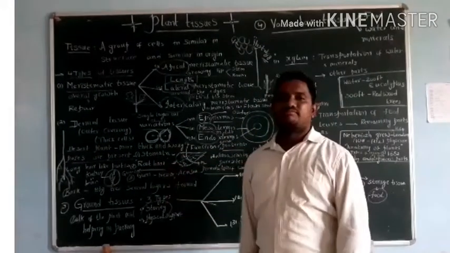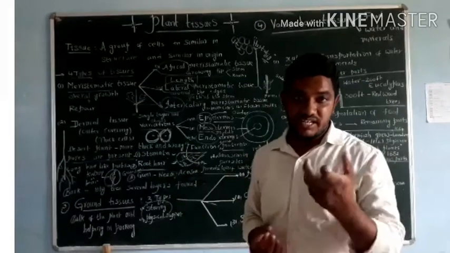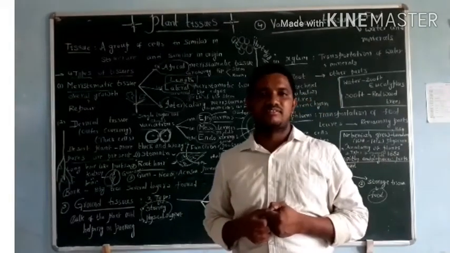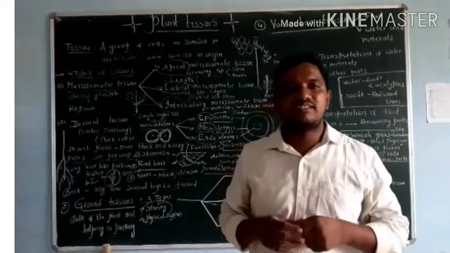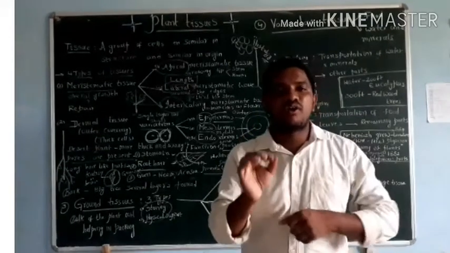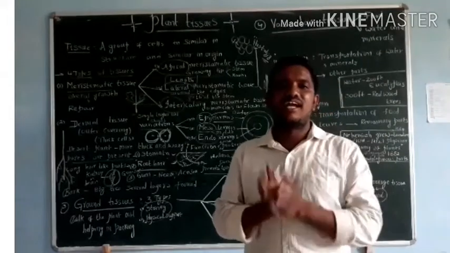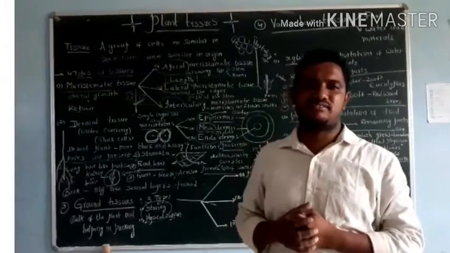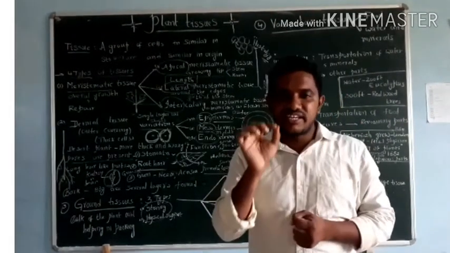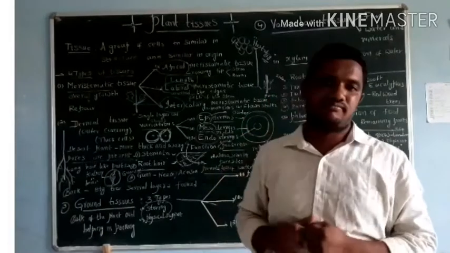Next one, gum. In acacia and neem plants, when we cut the outer part of the plant, it produces sticky substances. Those sticky substances are called gum.